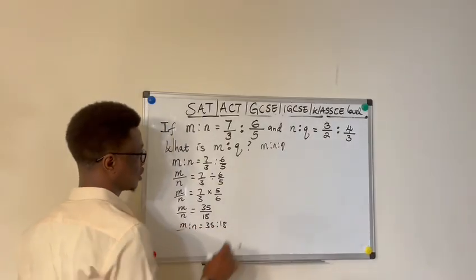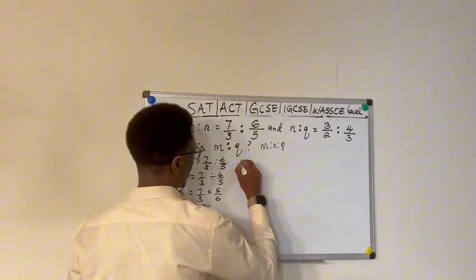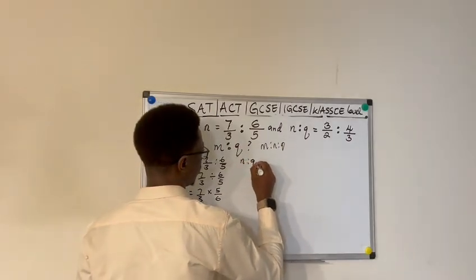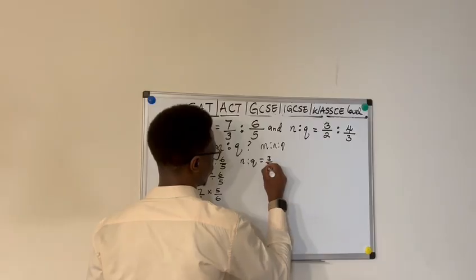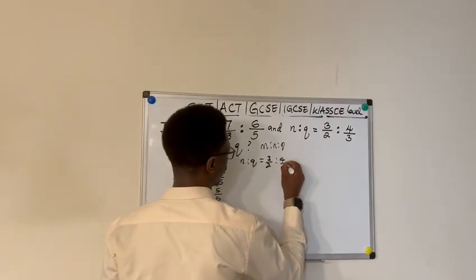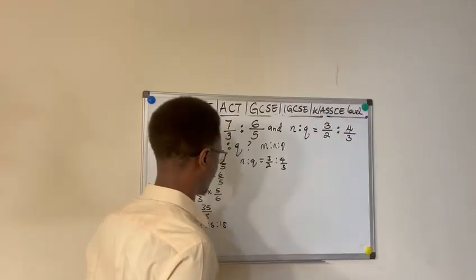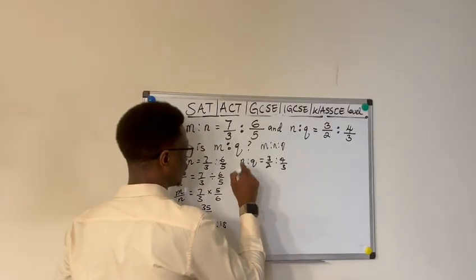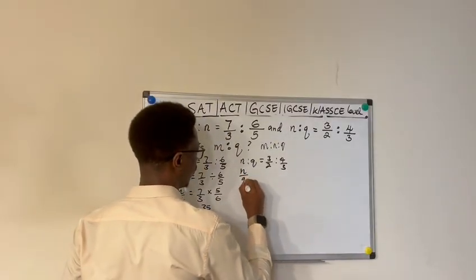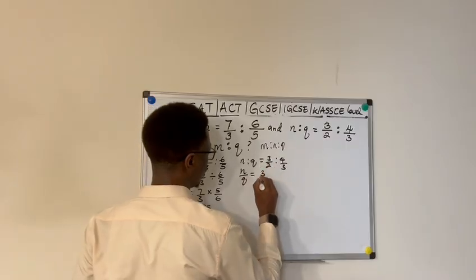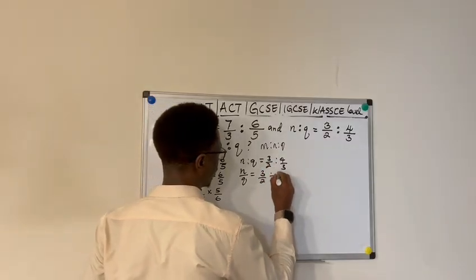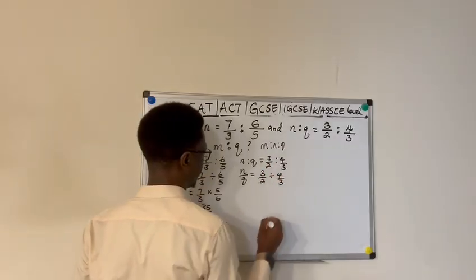Keep this one. Now deal with the next one, which is n is to q, which is 3/2 is to 4/3. Once you get this again, n/q equals 3/2 divided by 4/3.